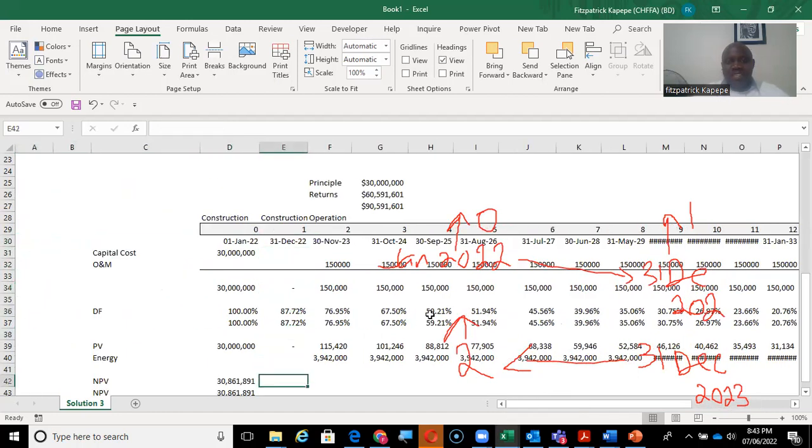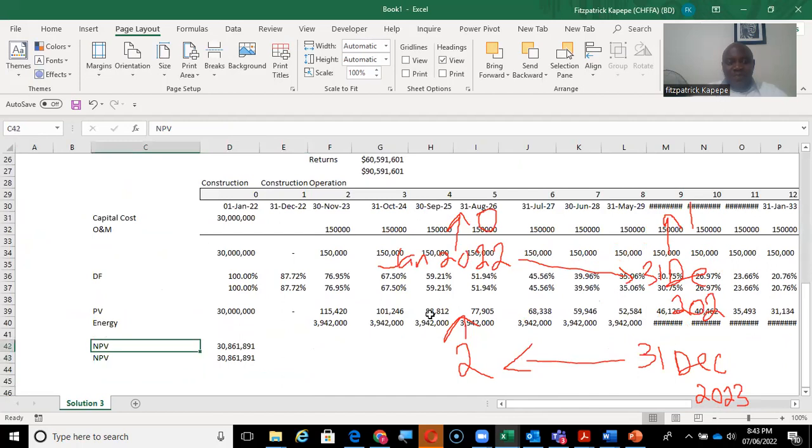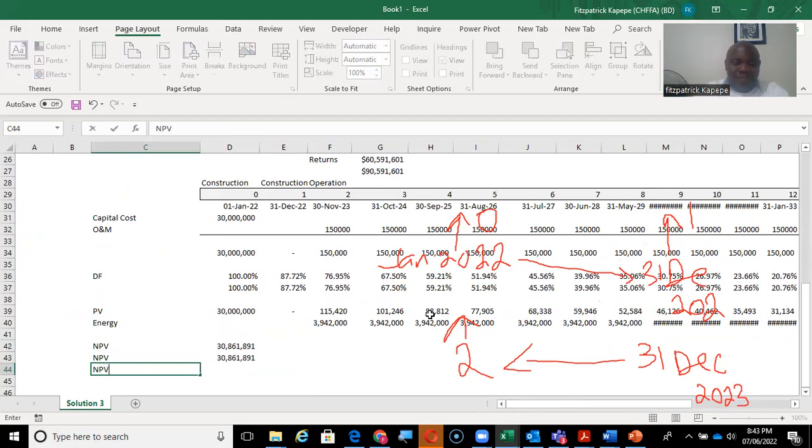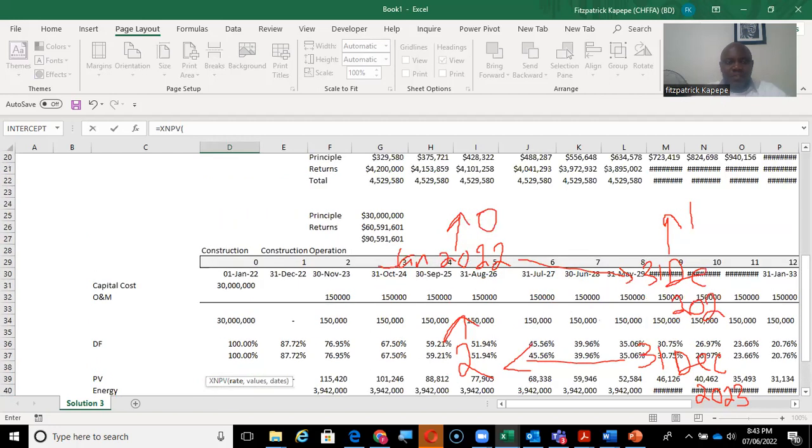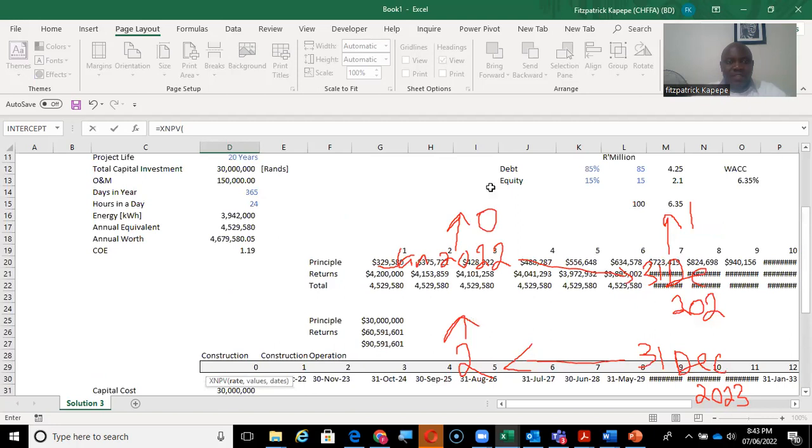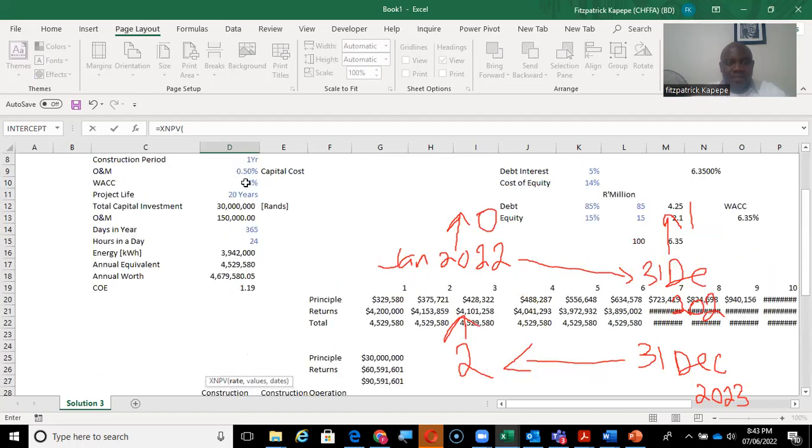So if we are using dates to calculate NPV, this was method 1, method 2, method 3. It's XNPV. So it will be this XNPV. So the advantage of this one, you do this. The rate, where's the rate? That.